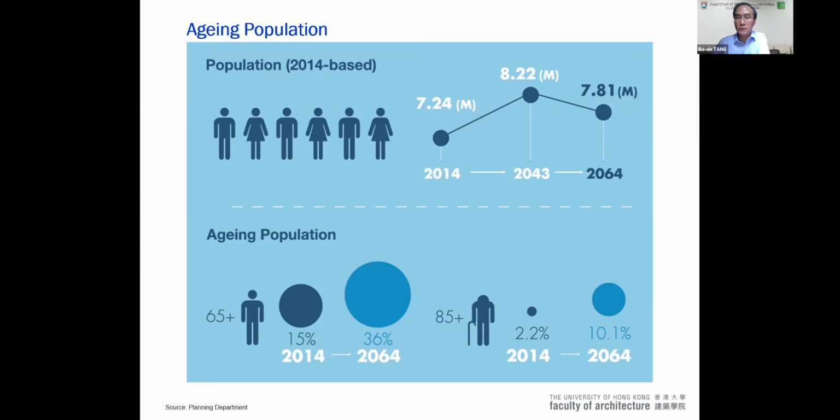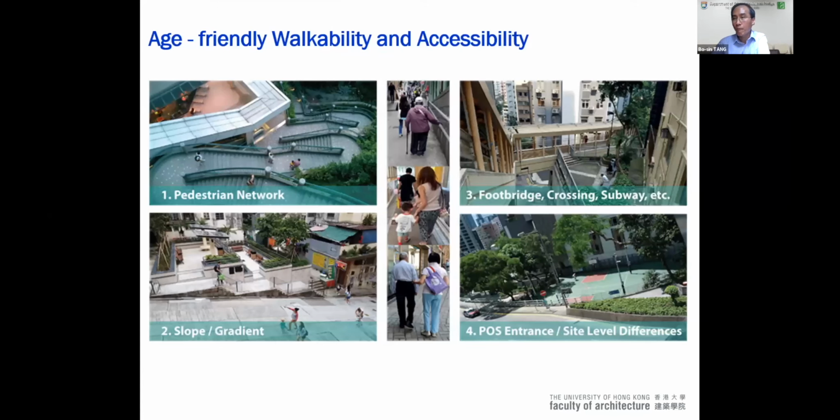In the next 40 or more years, our population over 65 will rapidly grow to 36%. So our urban planners need to create an age-friendly urban environment. One issue to address is to produce age-friendly walkability and accessibility to facilities in our multi-level cities.